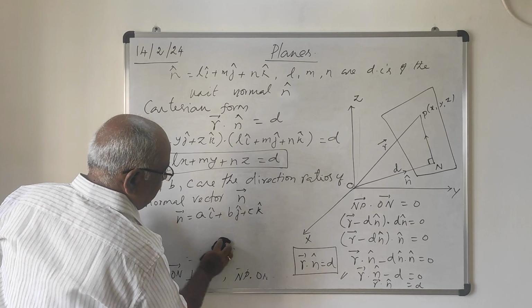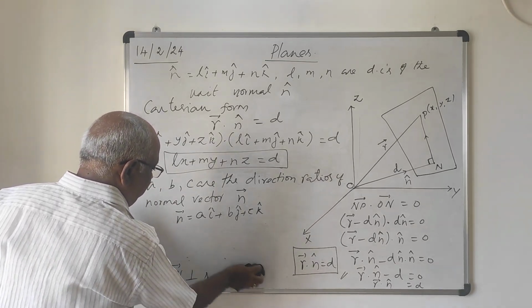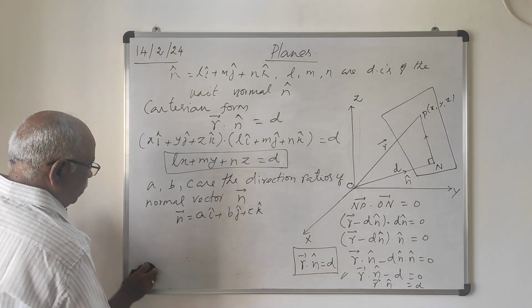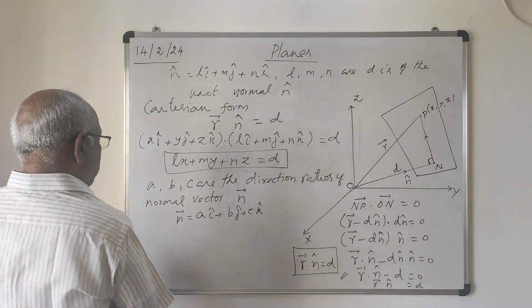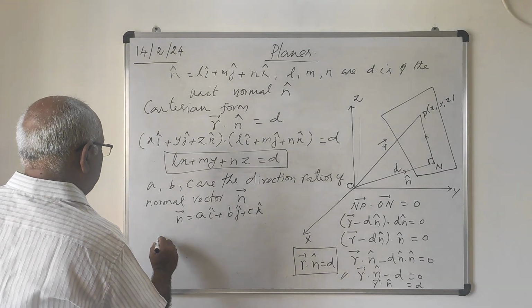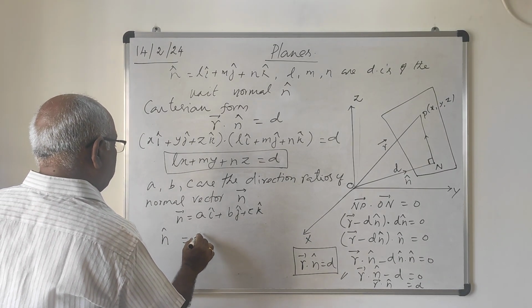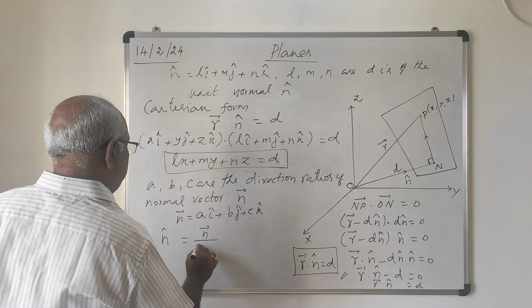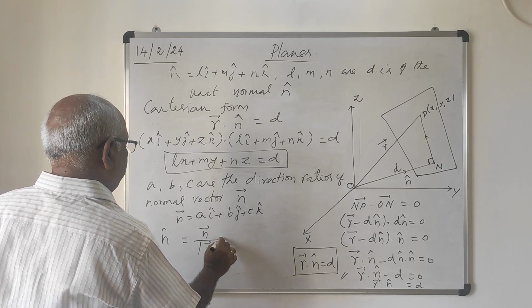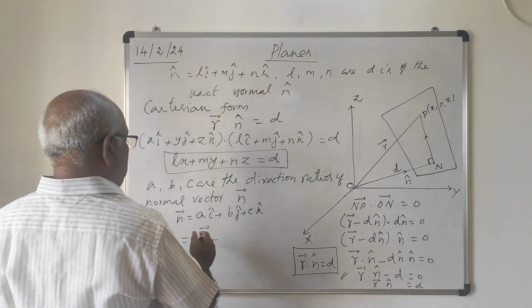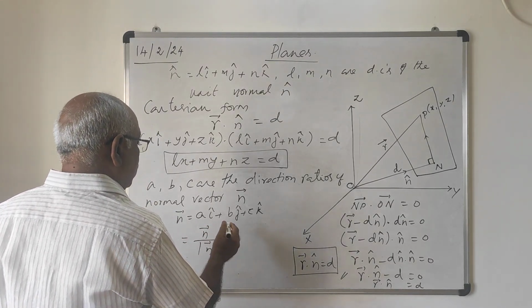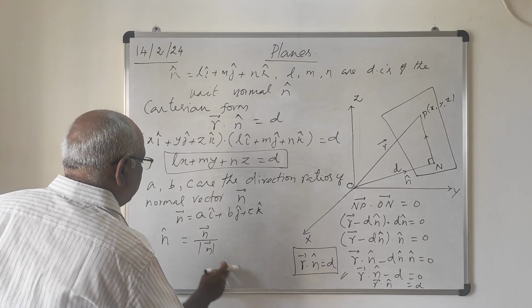Therefore n cap is defined by n cap equal to n vector by mod of n vector. So you know the formula for n cap.